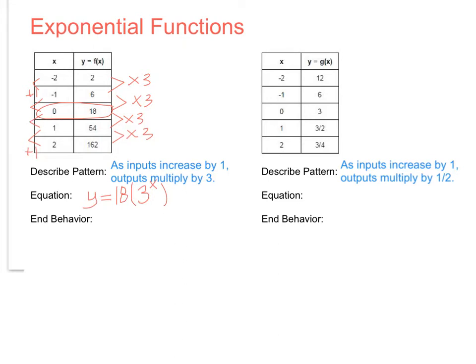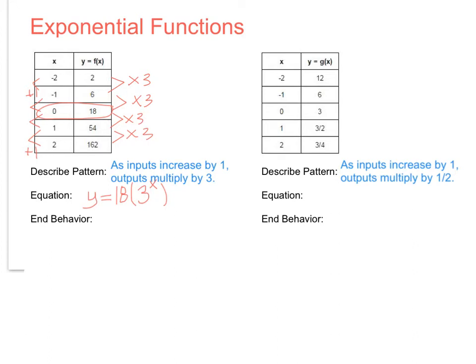And if you think about testing some ordered pairs, we'll see that our equation will give us the appropriate outputs for each input. For example, if we plug into this equation that we just wrote an x value of 0, our equation would say 18 times 3 to the 0 power.